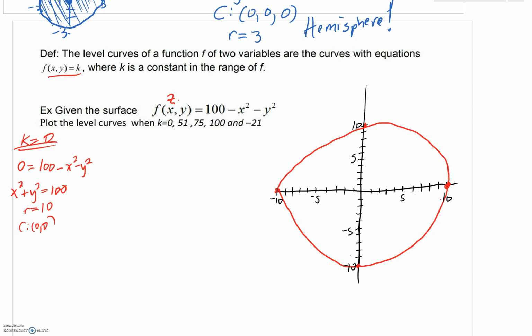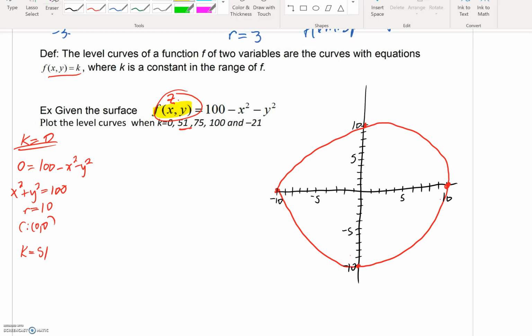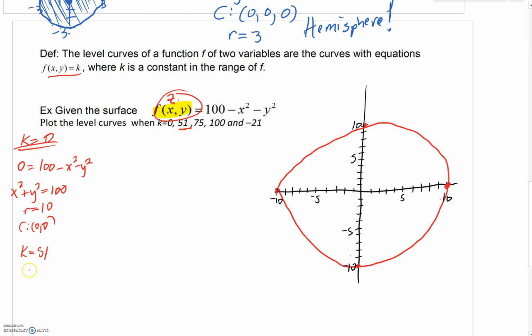Likewise, there are many other possible z values or k values. We could say, well, what if k equaled 51? Well, again, we're letting that function, that z right here, equal 51, and we're going to see what we get. So we have 51 is equal to 100 minus x squared minus y squared.